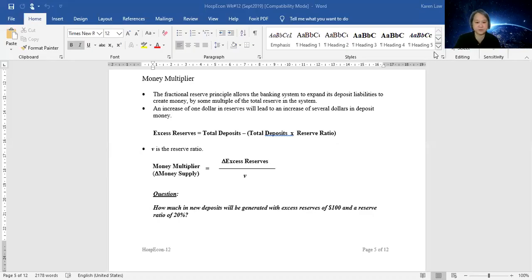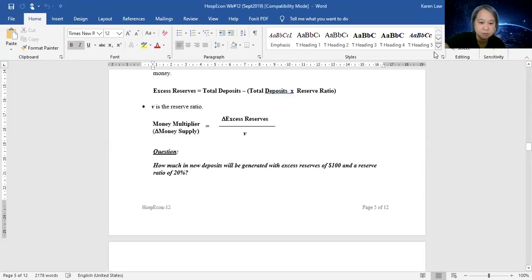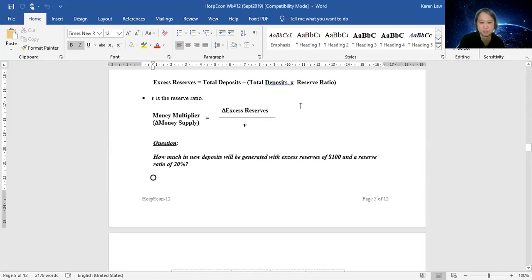All right, so if you take a look at this question below, how much new deposits will be generated with an excess reserve of $100 and a reserve ratio of 20%? As you can see here, I gave you a question that already accounted for what you needed to take out.